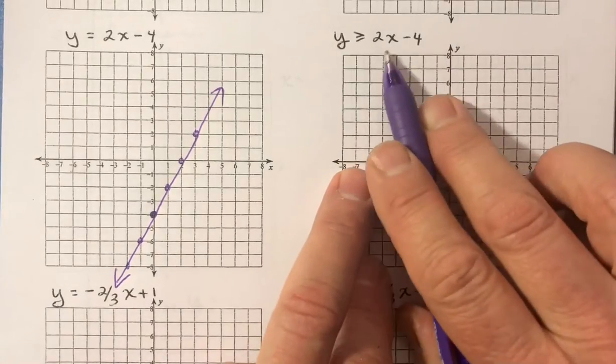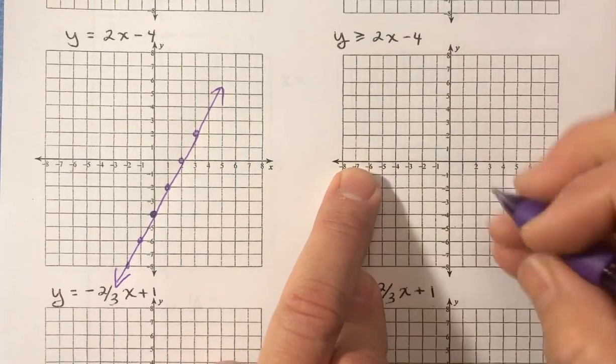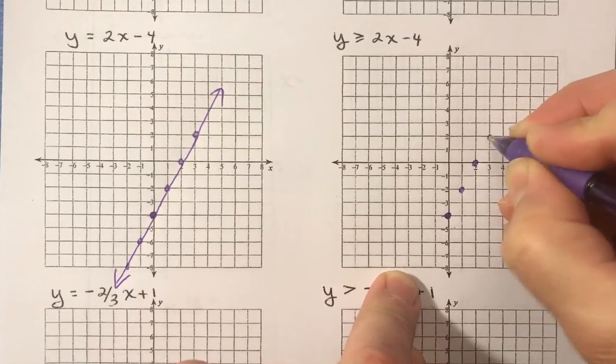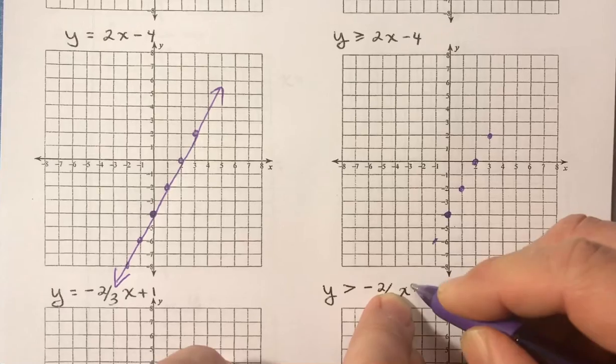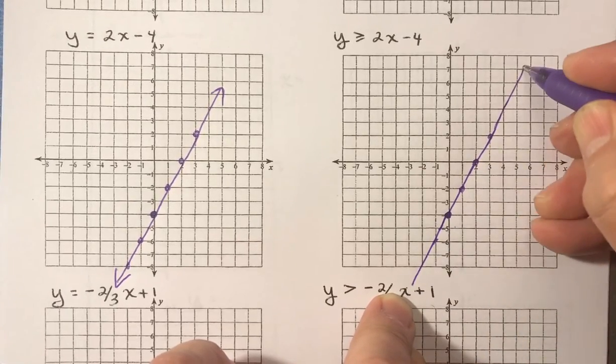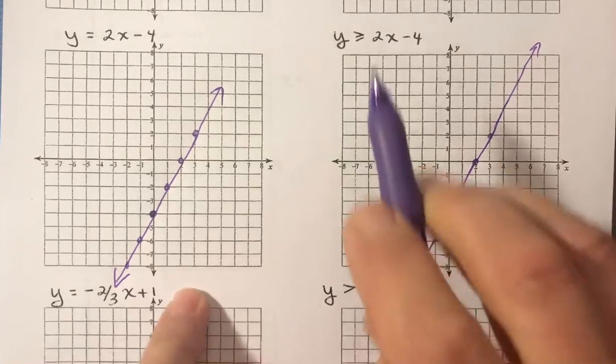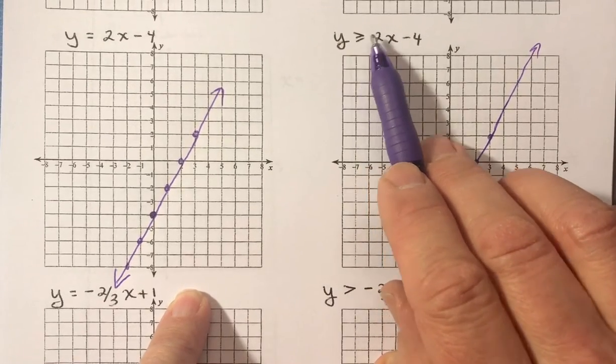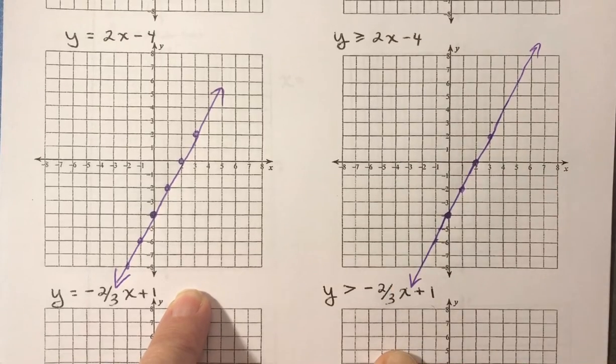So I'm going to do the same thing here. We know how to handle the equal sign. And now let's handle the greater than portion. We want all the points where the y value is greater than or equal to 2x minus 4.